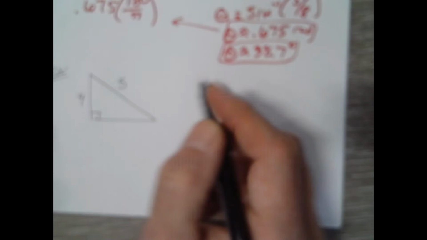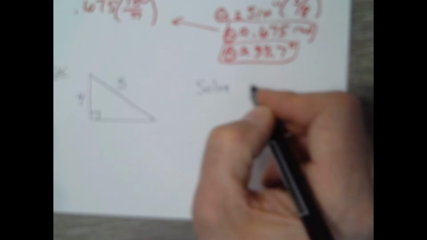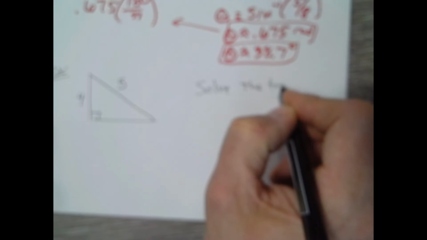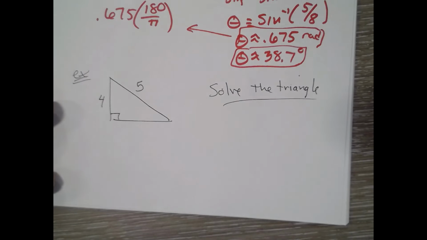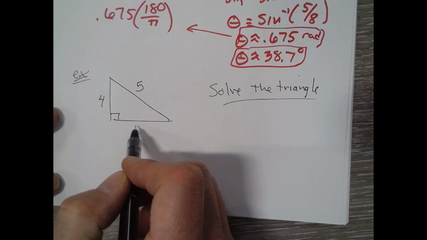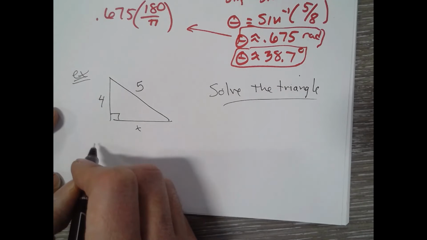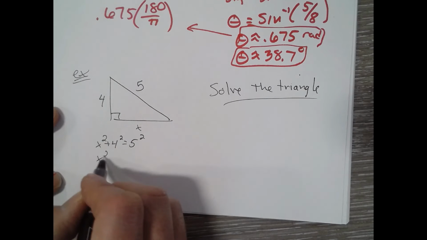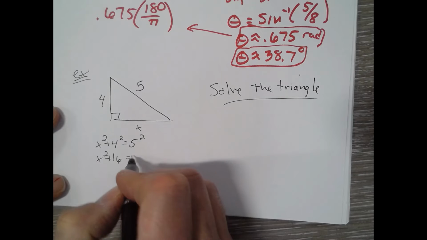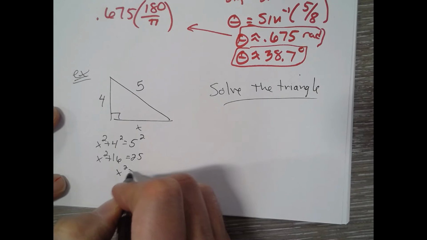I might ask you to solve that triangle. That means find everything about the triangle, the sides and the angles. If that's 4, the first thing I would do is find out what this side is. So x squared plus 4 squared equals 5 squared. So x equals 3.